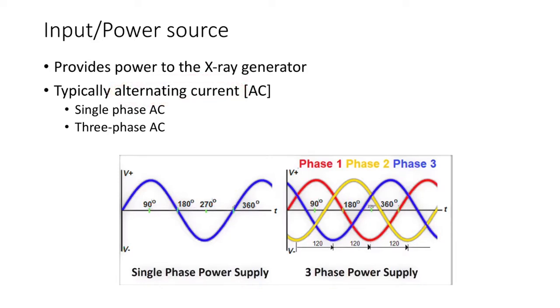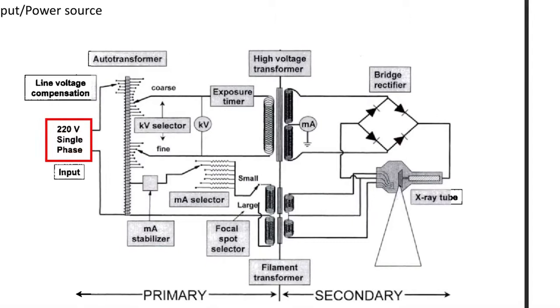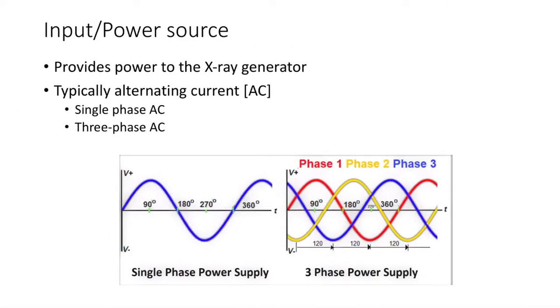So the power source supplies the power, but in what form? It will be in alternating current. In the pictured example, the type of source is a single phase. Single phase means we only have one signal of alternating current.